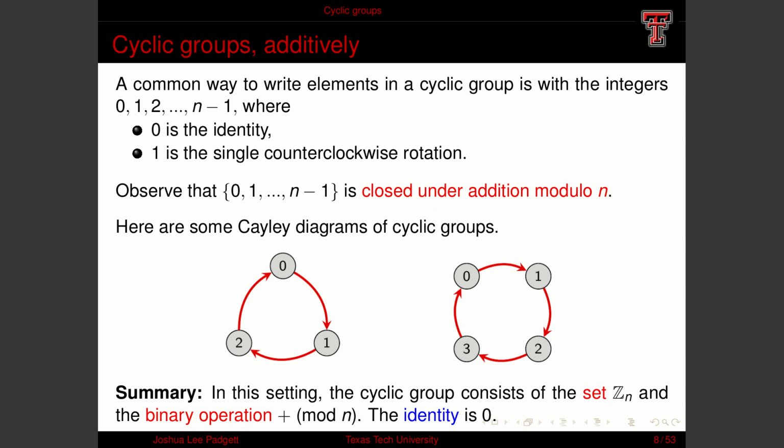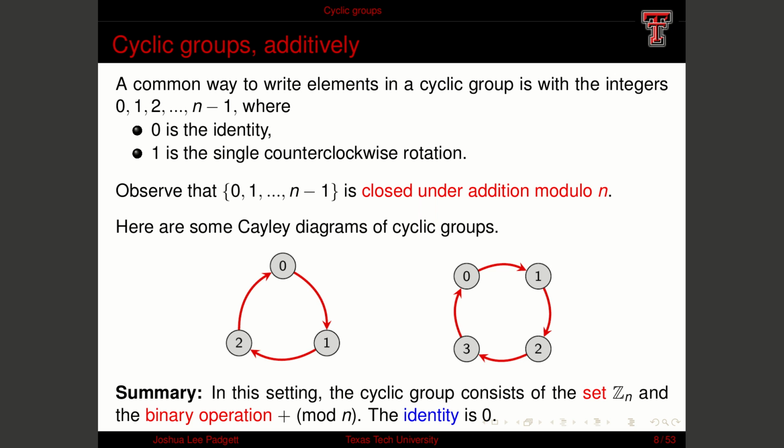So in this setting, the set Z sub n, which once again can be thought of as C sub n, right? Z versus C, and the binary operation, which is just addition modulo n, form a group. So remember, in our old definition, we need that we have what? A set, a binary operation, and we need there to be certain properties such as associativity, which addition has.